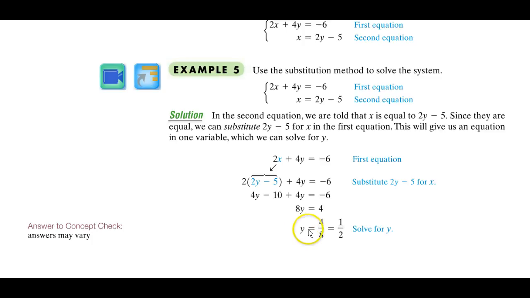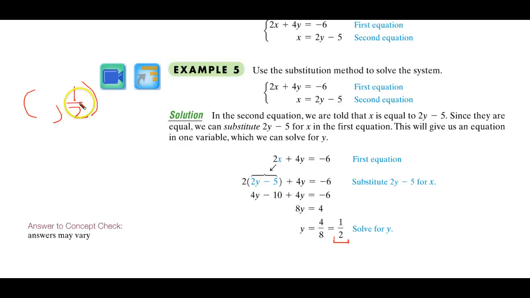So we get y equals 4/8. That reduces to 1/2. So now you have one of the members. So we're saying y is 1/2. Again, that would be hard to pick out on a graph.